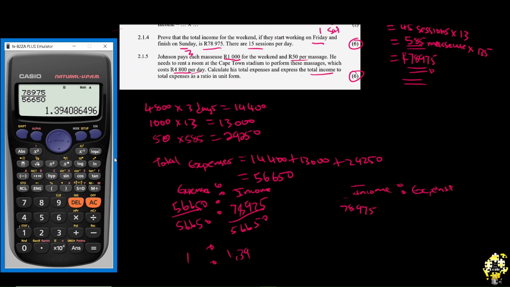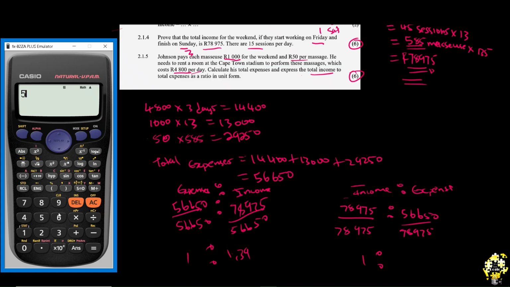It's fine. Here and then is expenses, which is 56,650. You can divide by what is on your left, both sides, 78,975. This will cancel this, you'll have a 1. You divide it by, what am I starting with?